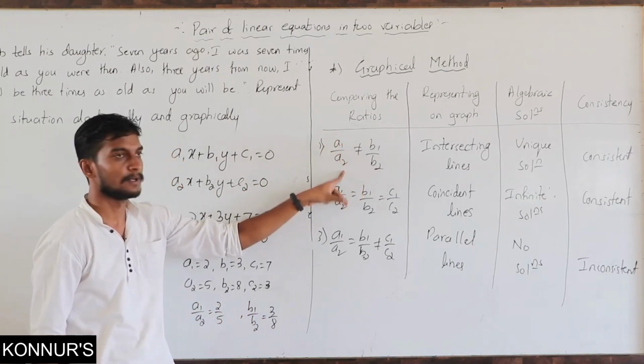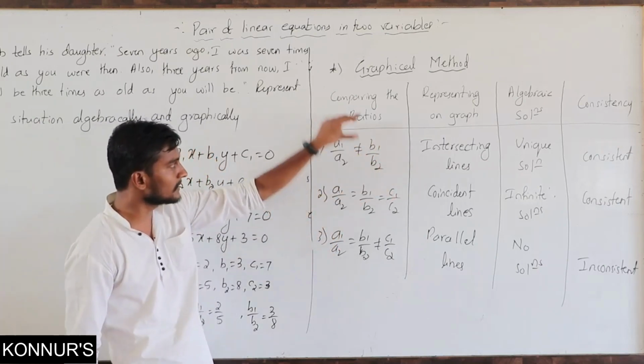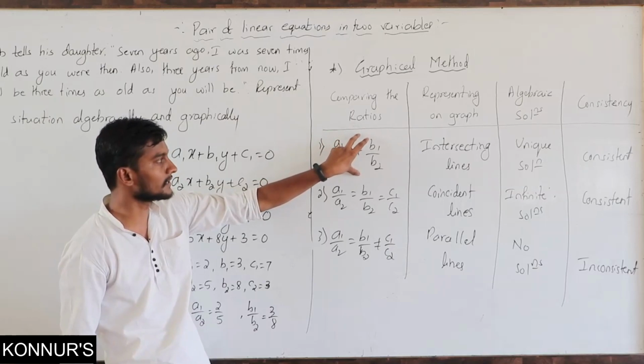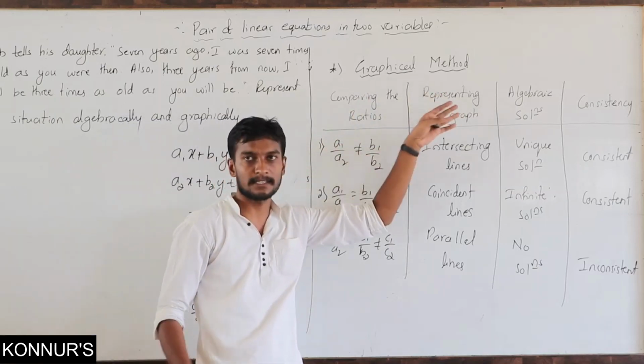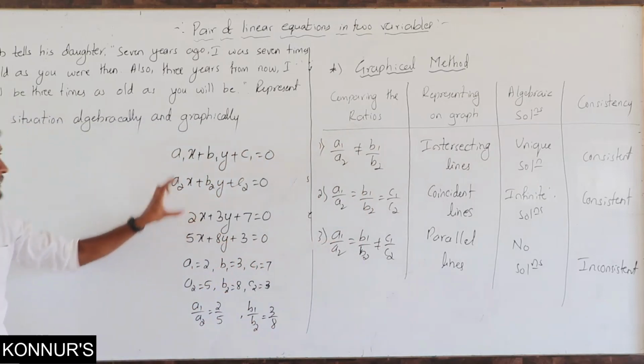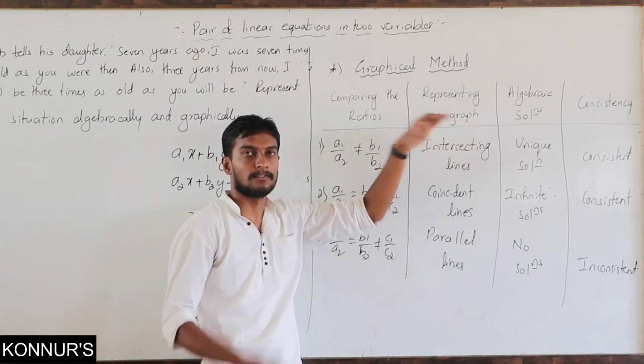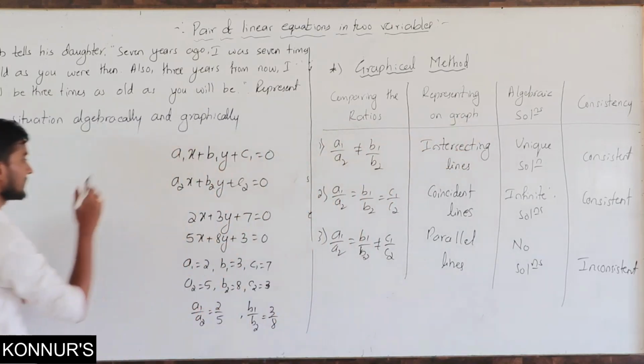a1 by a2 is not equal to b1 by b2. If you get this condition and represent the equations on the graph, you get intersecting lines.